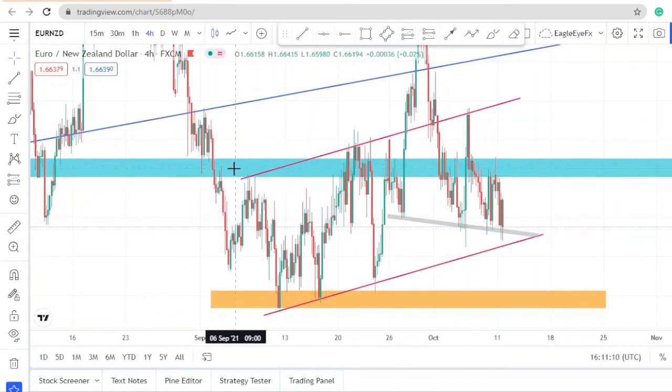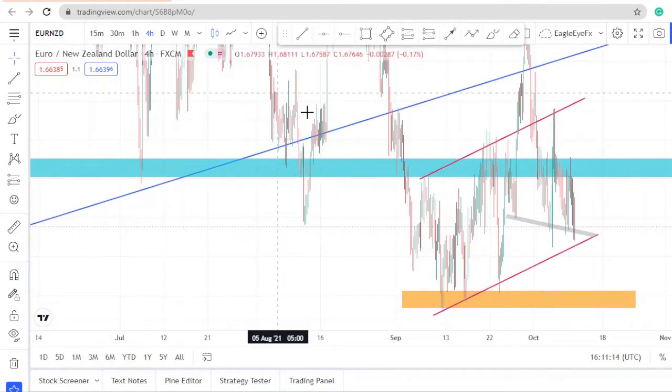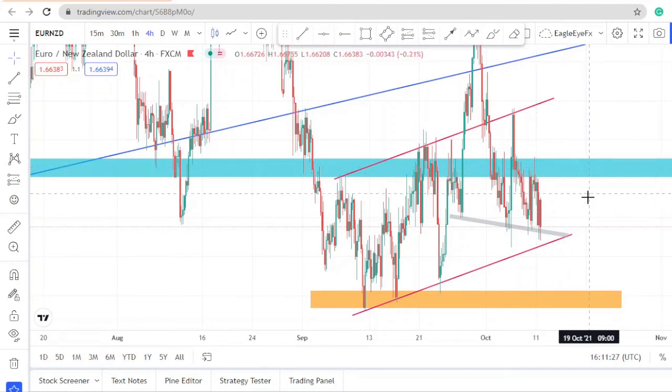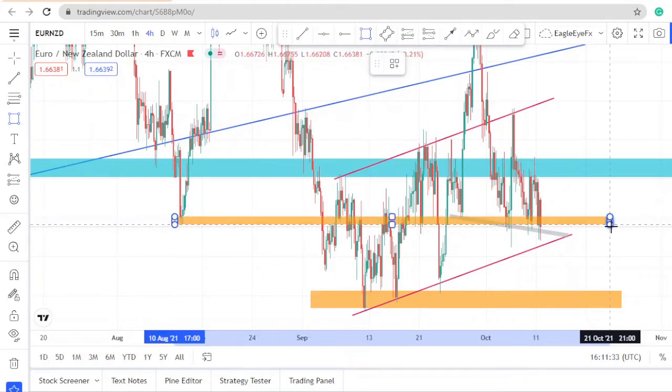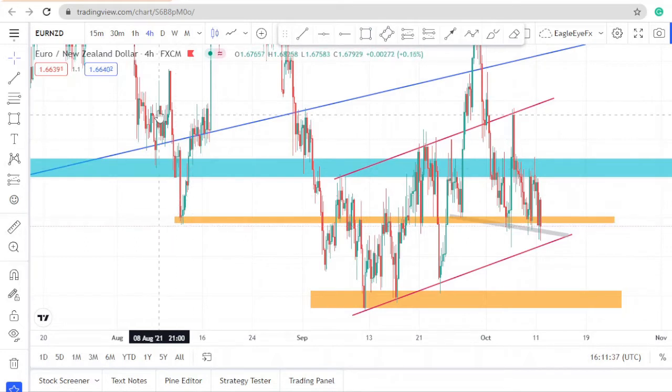Then also this particular part here, you see that from the previous movement it acted as a support, and then you see a break, and then we see rejection over here, rejection over here, some fake out, some rejection, then you see a very strong rejection. Okay, so now currently what is happening here, I would like to draw this because I already see something here, because you can see that this market came all the way up to here and then went back.